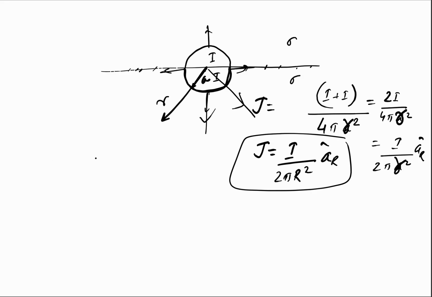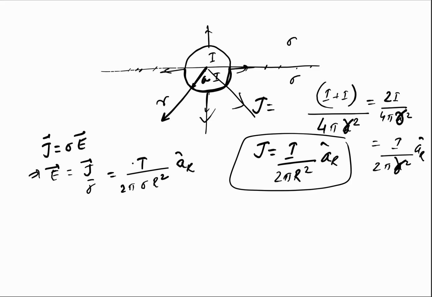So we know J is equal to sigma E. So it implies E will be J over sigma, equal to I by 2 pi sigma r square a_r.